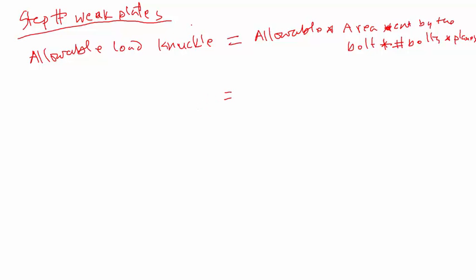In this case, the steering knuckles are typically made of gray cast iron, so they are not your typical connection materials. For cast iron, the ultimate shear stress is 32 ksi.